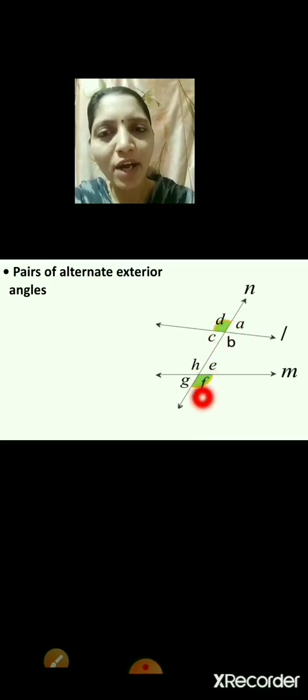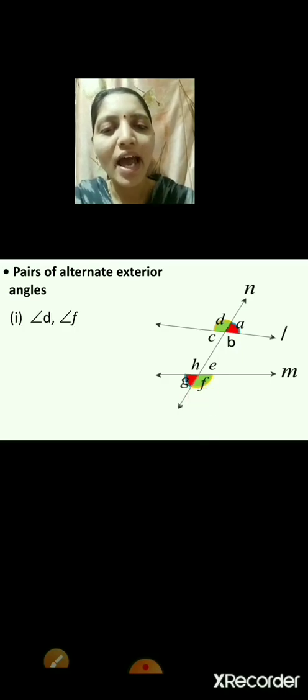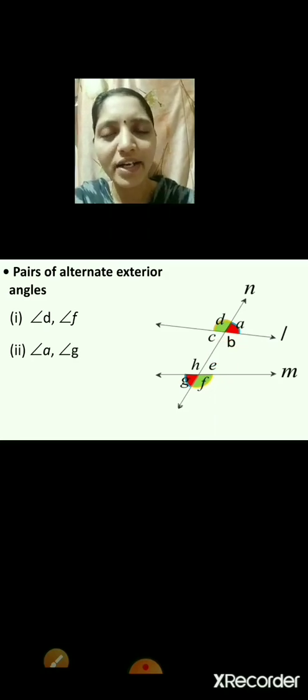Now what are alternate exterior angles? The angles which are on either side of the transversal. That means angle D and angle F is one pair of alternate exterior angles, and angle A and angle G is the other pair of alternate exterior angles. I hope you have understood this.